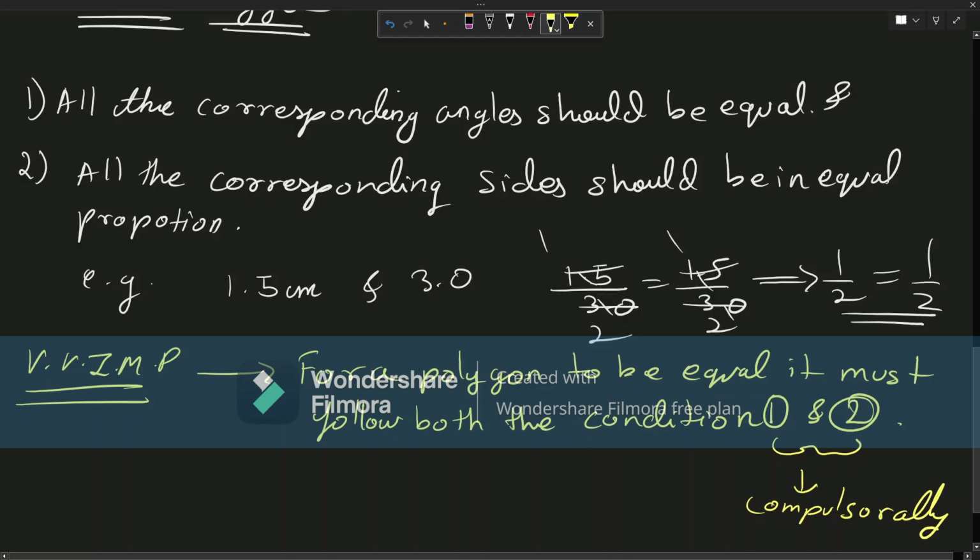Okay. If these two statements are not satisfied, or suppose any one statement is satisfied, then you cannot call the polygon similar, because both the conditions should be satisfied.